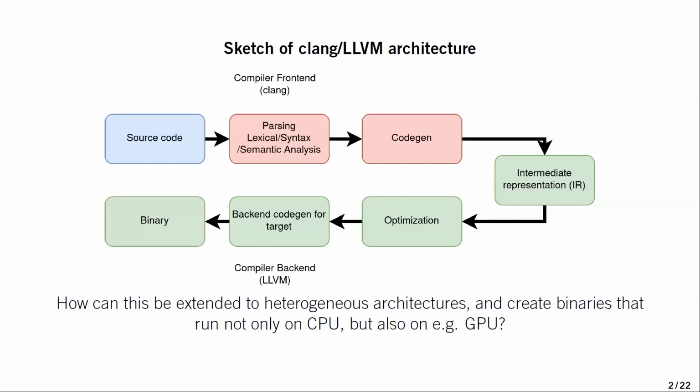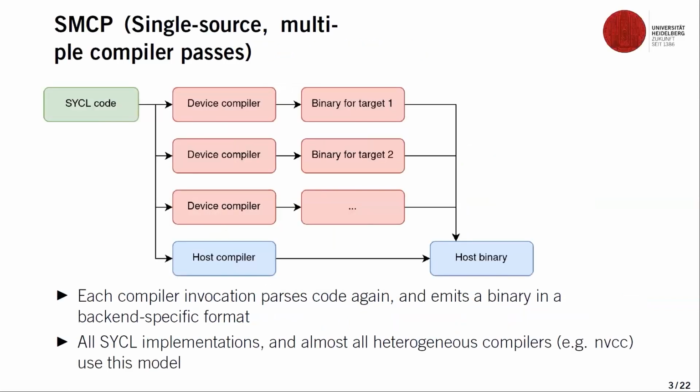So how is this typically extended to heterogeneous architectures such that the binaries can run on GPUs? The model used here is what the SYCL specification calls SMCP, which stands for single source multiple compilation passes. This is what basically every SYCL implementation to this date uses, and heterogeneous compilers outside of SYCL, such as NVCC from CUDA, also use this model.